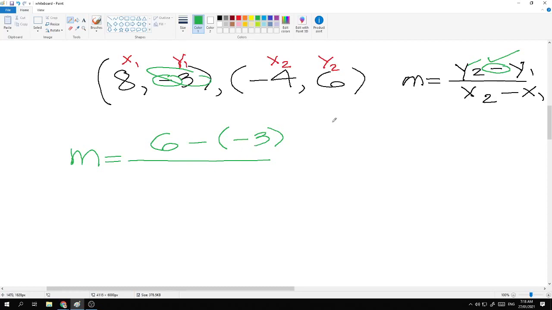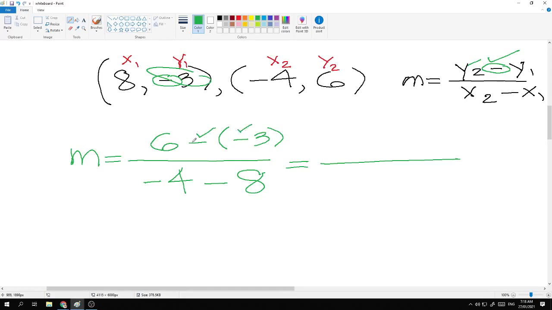Next, what is the value of x sub 2? Negative 4. Minus? 8. Minus 8. Okay. Now, first thing to do is multiply the negative and the negative.